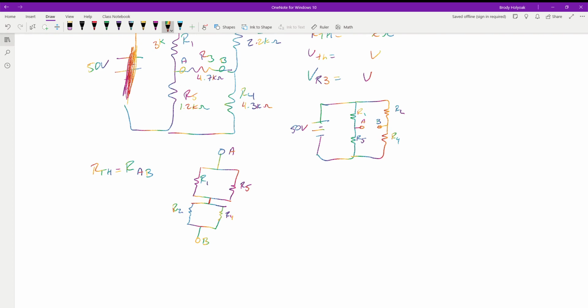That's usually the part that I always goof up on, this redraw. Yep, just remember, go slow, go one component at a time. What is connected to what? So the R Thevenin formula will be R1 parallel with R5 added in series to R2 in parallel with R4.